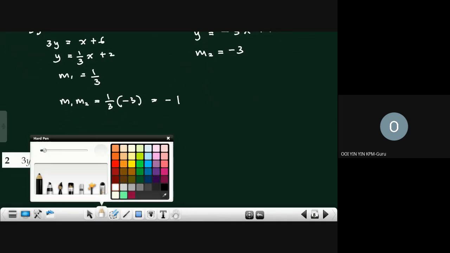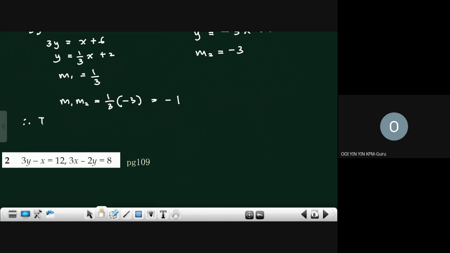So the conclusion is the pair of straight lines are perpendicular.